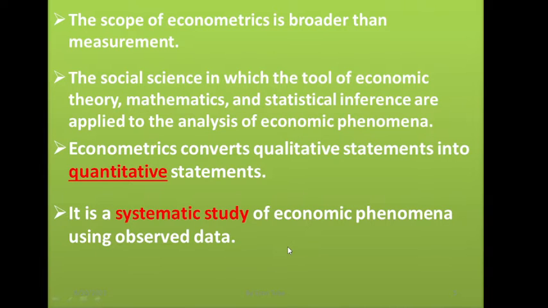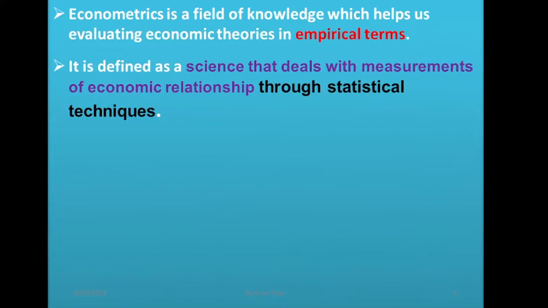So it is a systematic study of economic phenomena using observed data. So it is possible to say econometrics is a field of knowledge which evaluates economic theories in empirical terms. It is defined as a science that deals with measurements of economic relationships through statistical techniques.